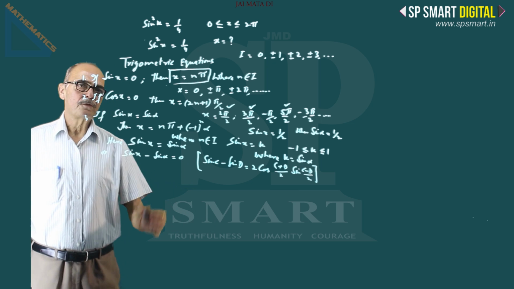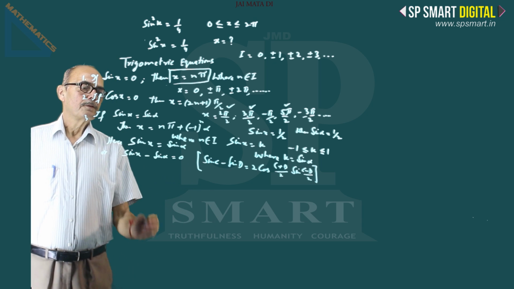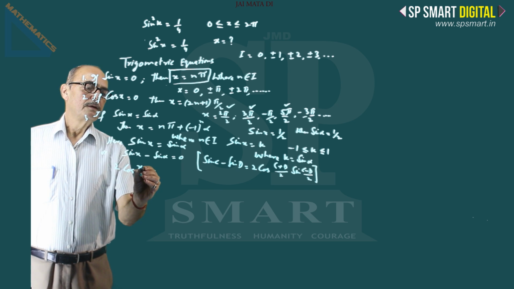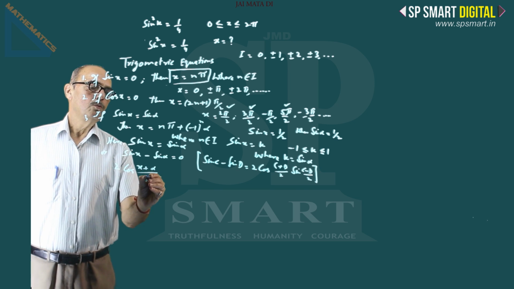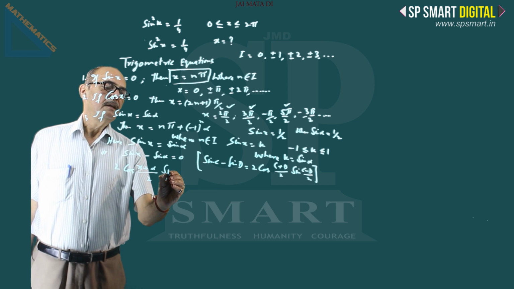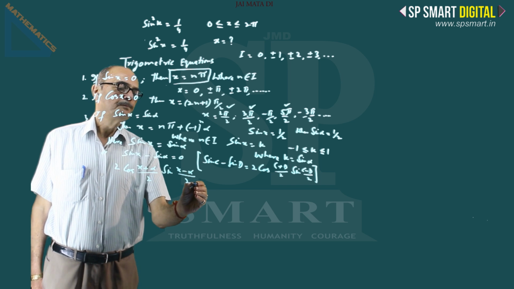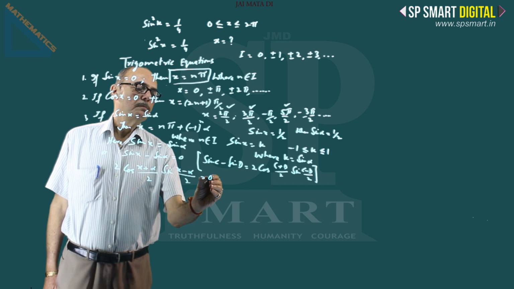We are familiar with this formula. So, this is twice cos of c plus d by 2 sin c minus d by 2 equal to 0.